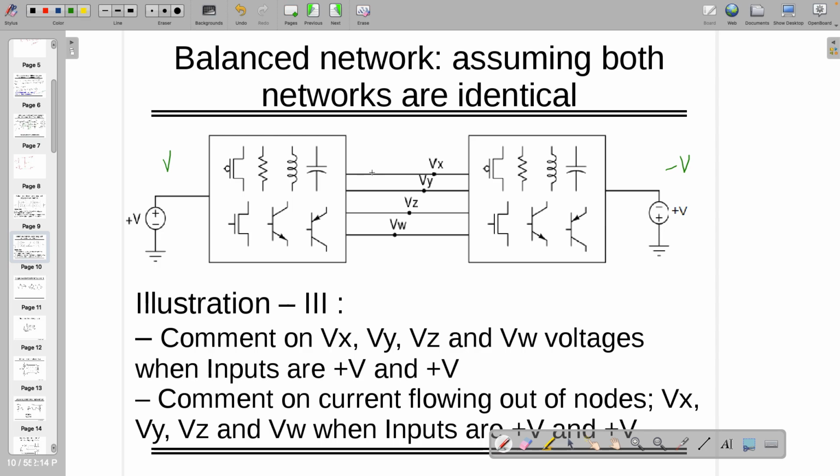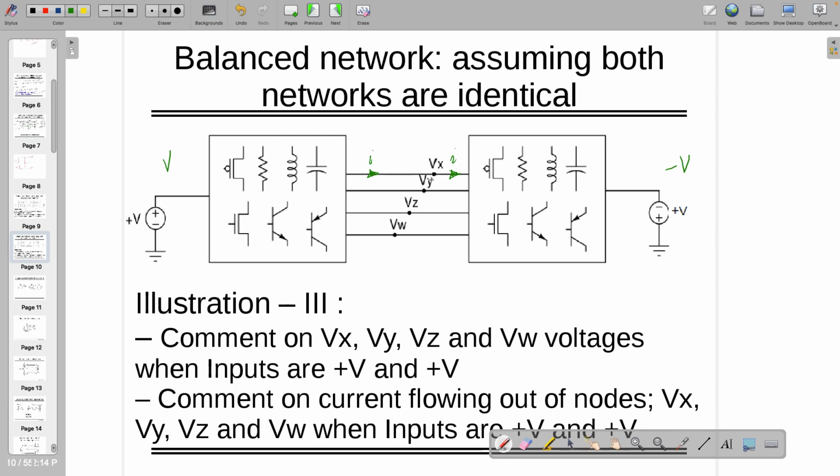Or you can say that the current going out from this network, this is minus, so it has to be going in if it is going out. So at this particular node, this is only possible when there is no branch going down, right?